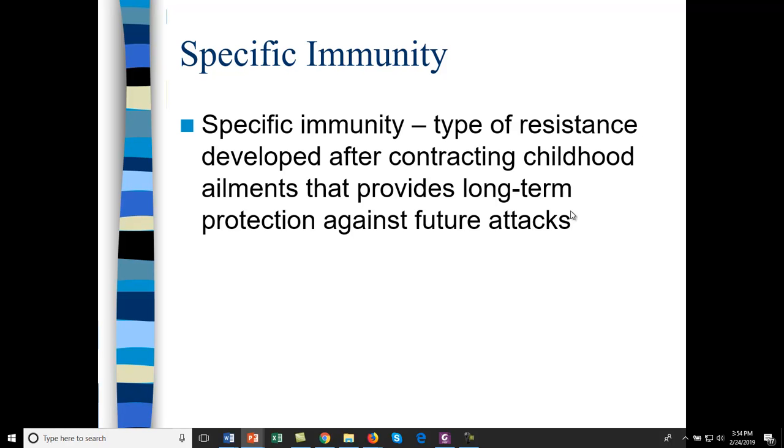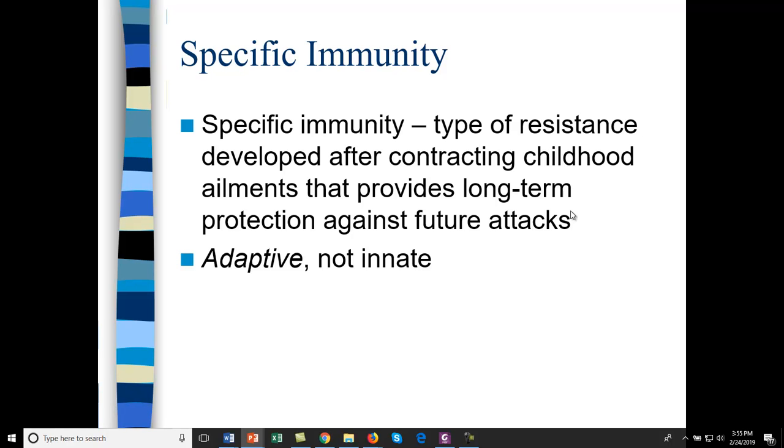Once you've been exposed to something like measles or chickenpox, or even specific types of the flu, then you develop some type of resistance. So the next time that you see that particular pathogen, your body has developed an immunity, and that's a part of your acquired immune system. Okay, it's adaptive.